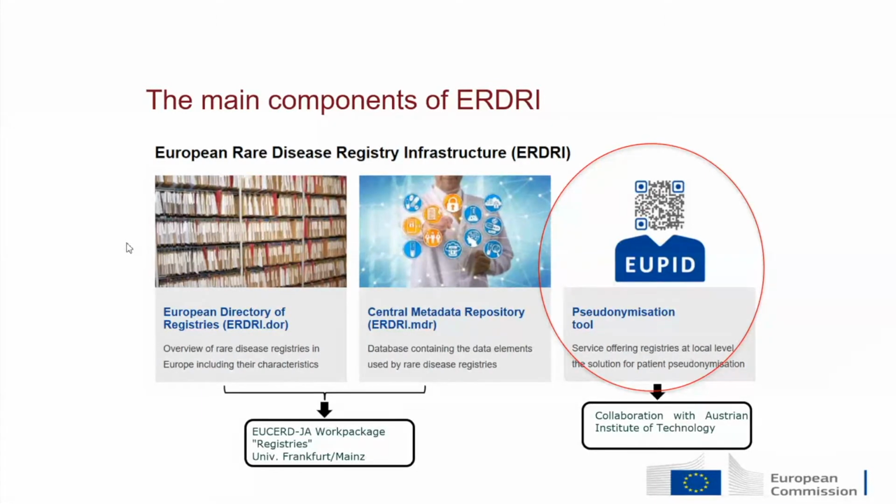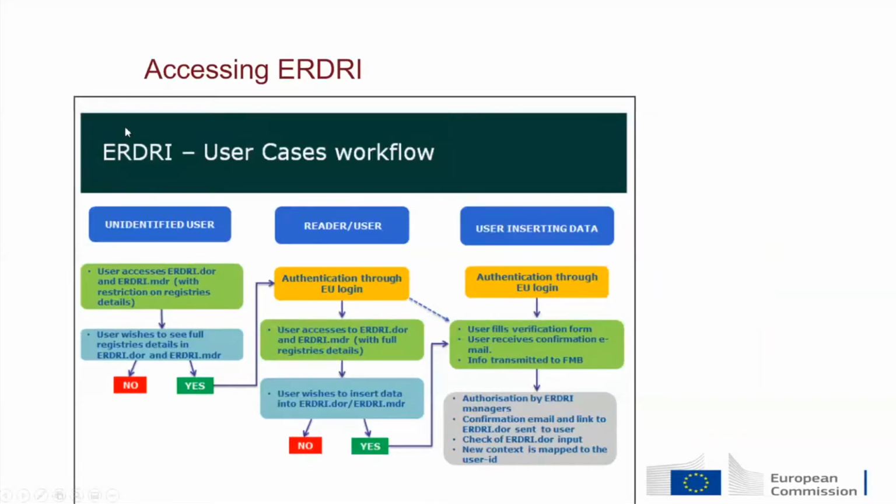So I explained this last time already, strictly related to the access to ERDRI. So EUPID is offered through ERDRI, so you need to know how to access ERDRI in order to access EUPID. So this is a slide showing the user cases workflow. Basically, we have three types of users.